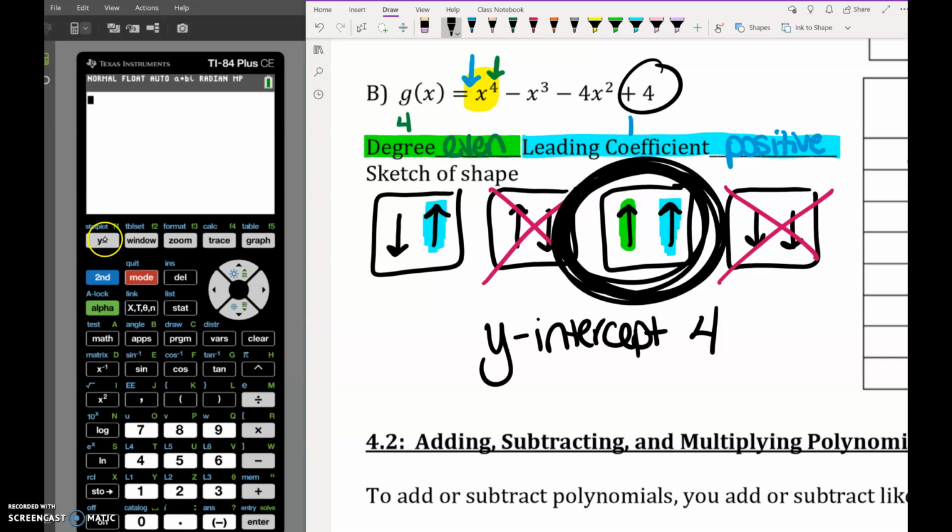Okay, let's plug this into the calculator and see a picture of this graph. Positive x to the 4th, get out of the exponent, minus x to the 3rd, get out of the exponent, minus 4x squared plus 4.